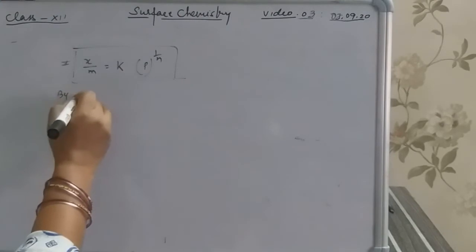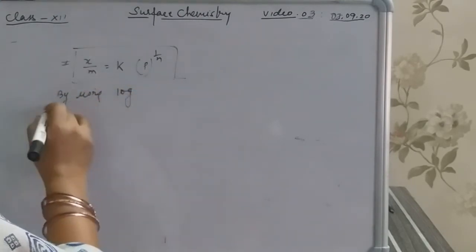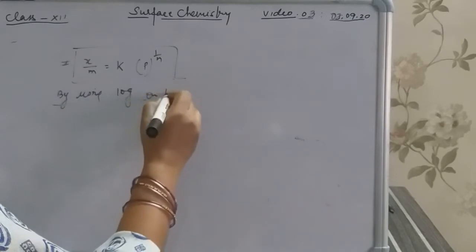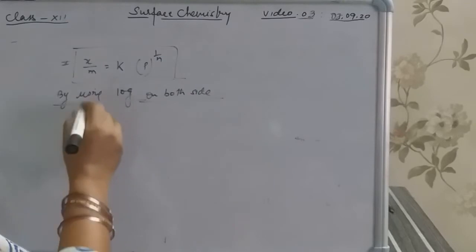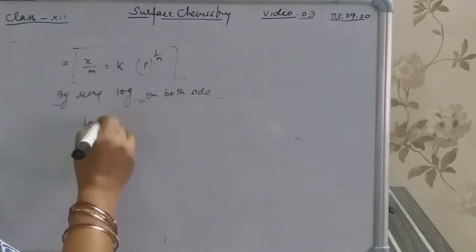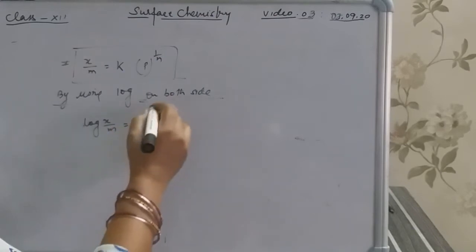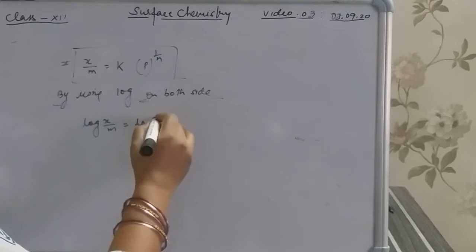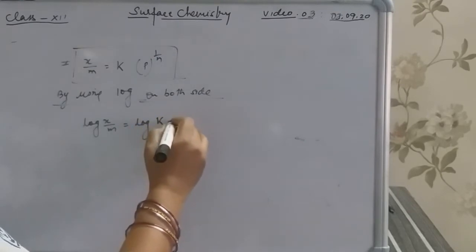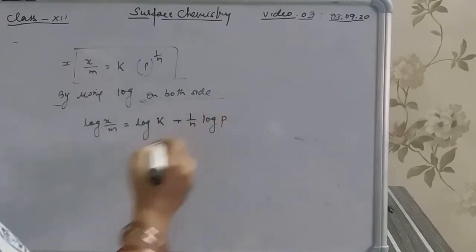By using log on both sides of this equation, we get log x by m, log k, and 1 by n log p.